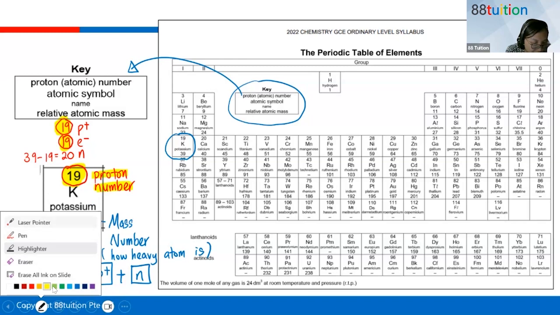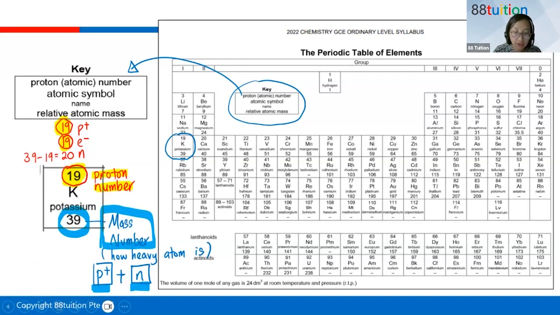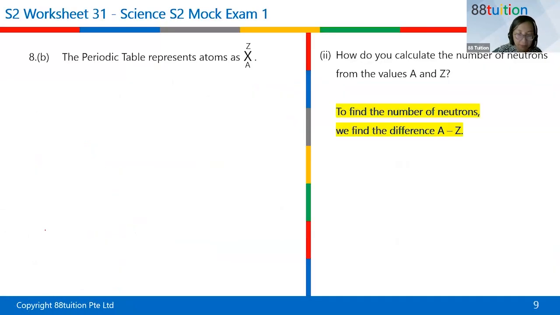Small number is proton number, then the big number will be mass number, which is protons plus neutrons. So number of protons plus number of neutrons will give you 39. Any questions so far? If not, then this is what we do. A minus Z, big number minus small number, will give you the number of neutrons. Use big number minus small number. Let's move on. Next question.